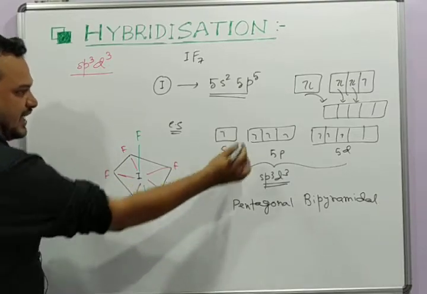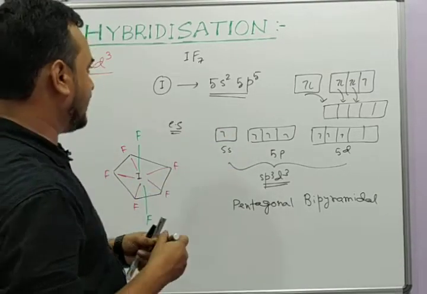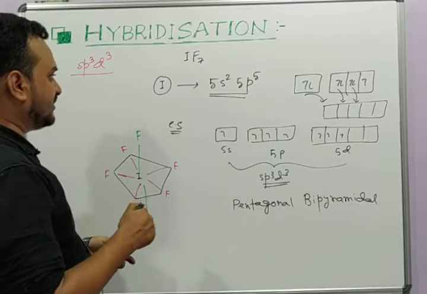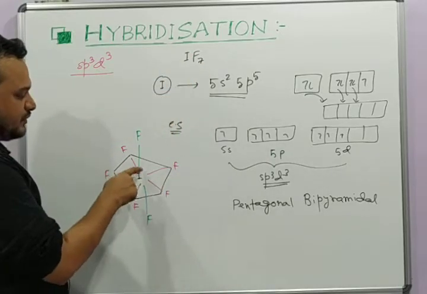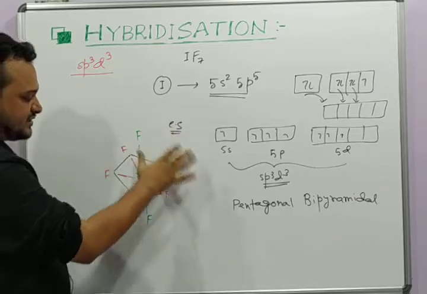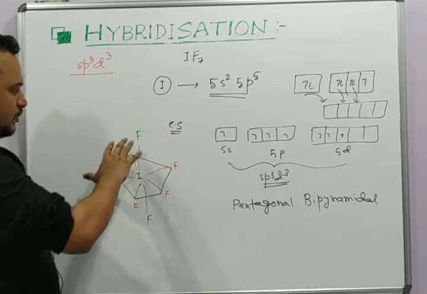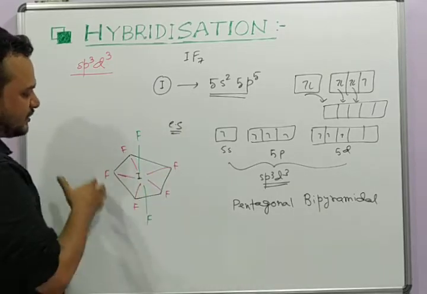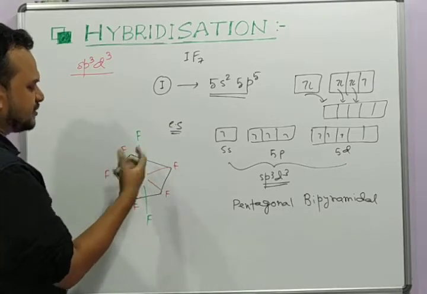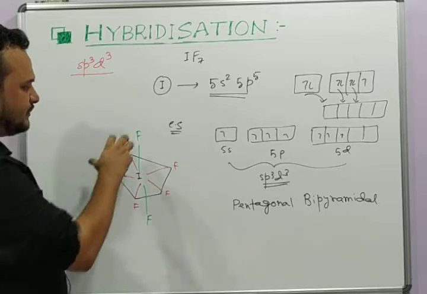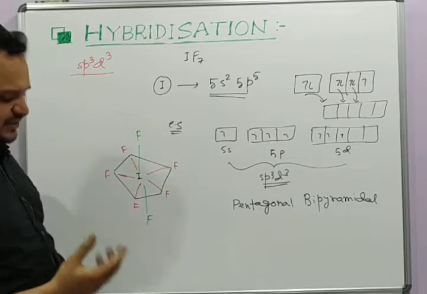Now this hybridization is not a very common hybridization, because here the steric number you can see is 7, that is, in the surrounding of one iodine atom there are 7 fluorine atoms. So when such a huge number of atoms are accommodated in a small space surrounding one particular atom, there is steric repulsion. What is steric repulsion?